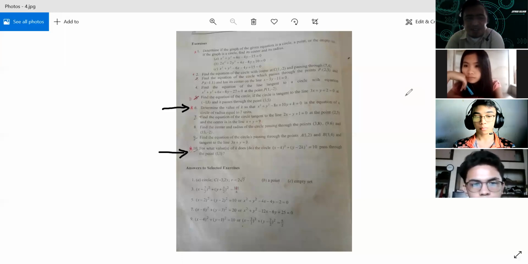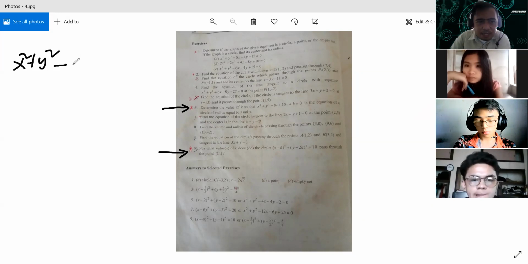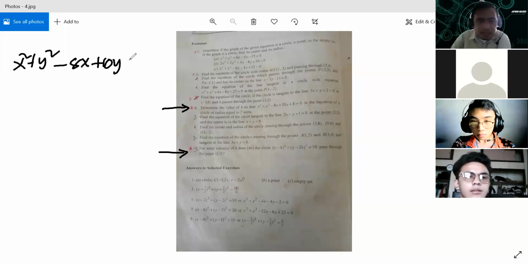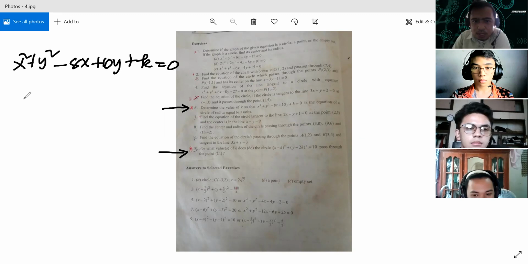Your given equation is x squared plus y squared minus 8x plus 10y plus k equal to 0. That is the equation of your circle, wherein k is unknown. At the same time you are also given the radius equal to 7.